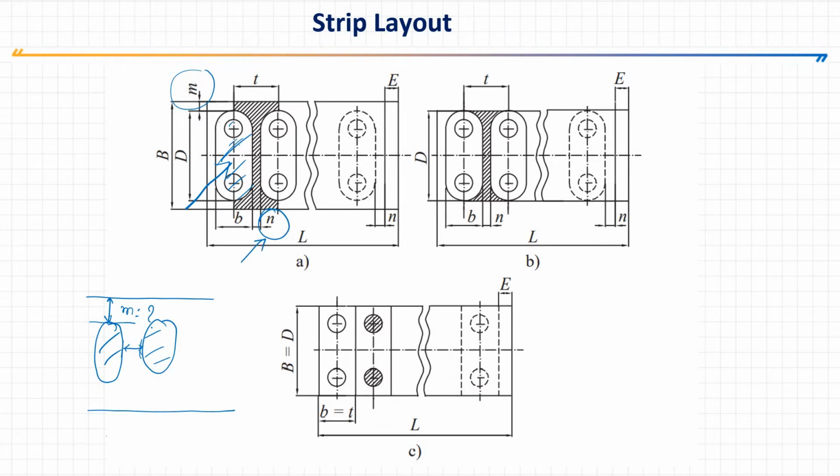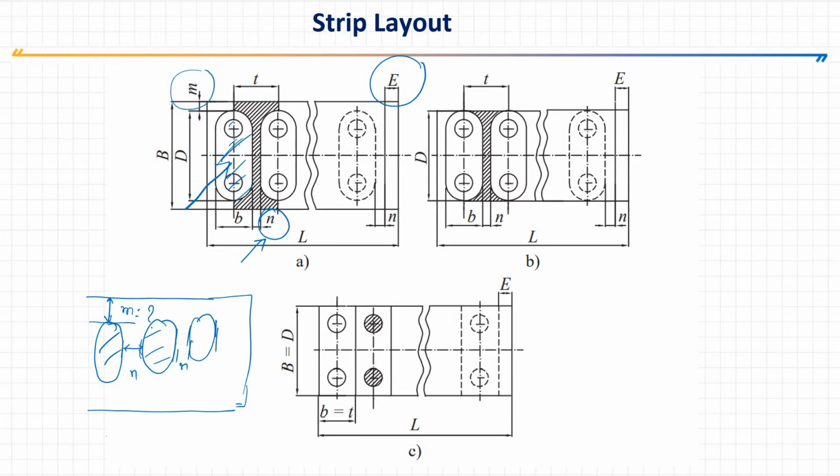And the third important thing is how much the value of e should be. What is this e? Suppose we have arranged the components one by one, then at some point this will get an end. Just as you maintain n between components, here also there will be something like n.